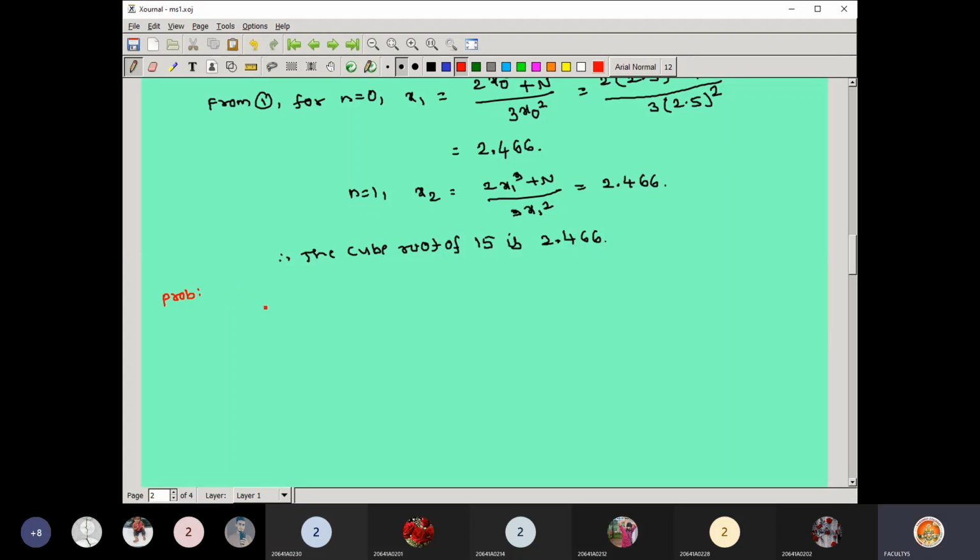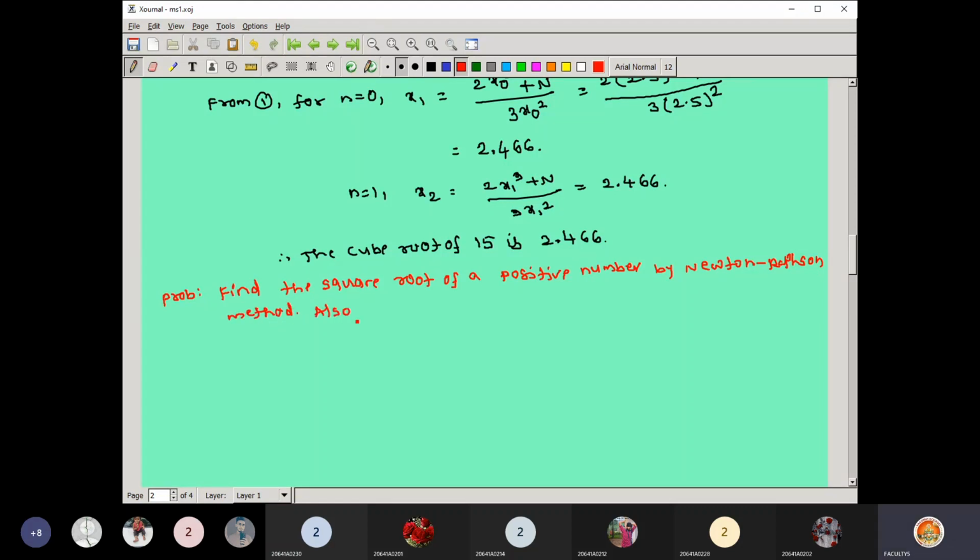Okay, you take one more number, one more problem. Find the square root of a positive number by Newton-Raphson method.